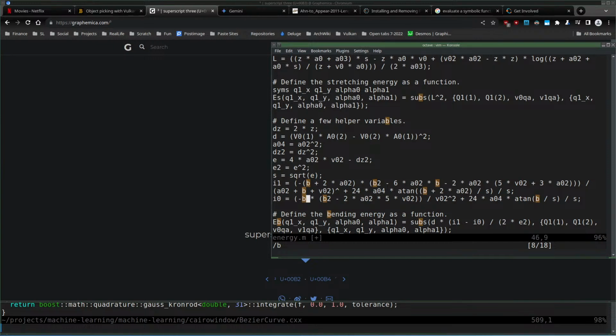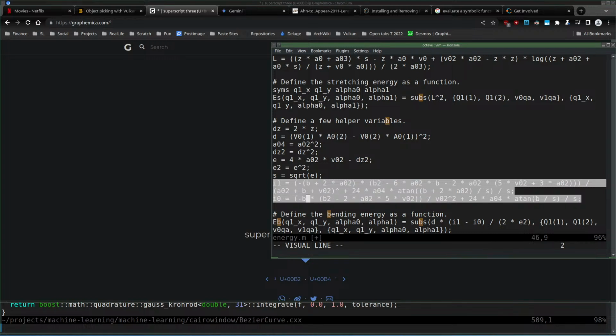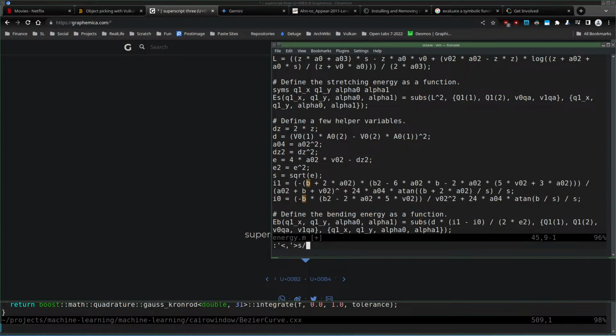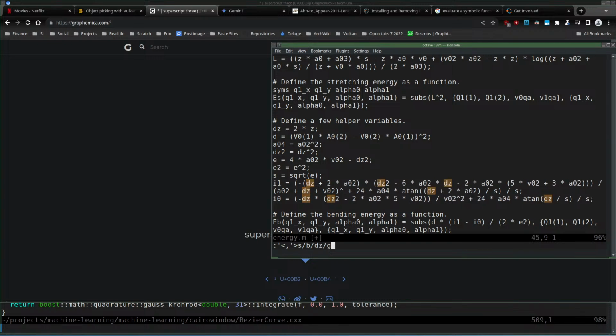B, all B's, right? Shift, substitute B with DZ.